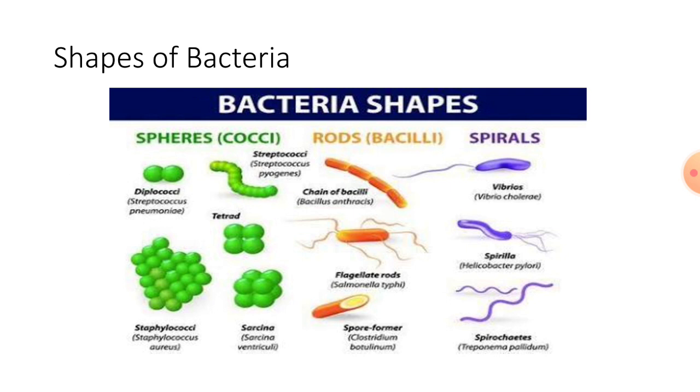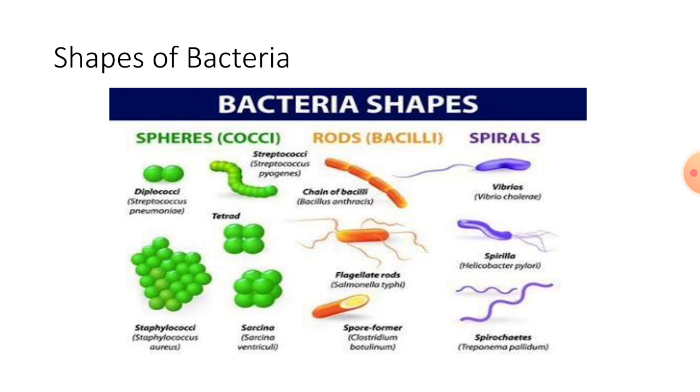If you see more than 2 round shaped cells present one after one like a chain, that is called streptococcus. If such round shaped forms are present like a grape bunch, that is called staphylococci. Similarly, if there are 8 round shaped bacteria present like a cube, such a shape is called sarcina.